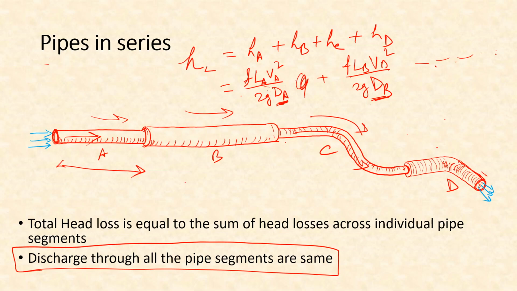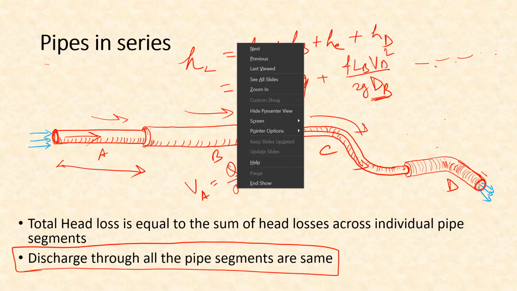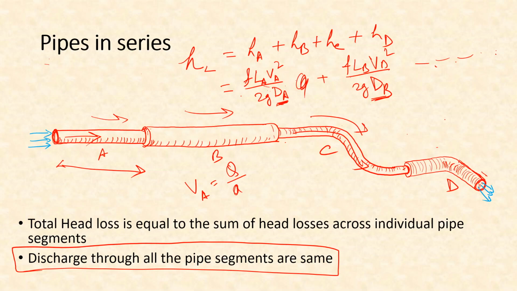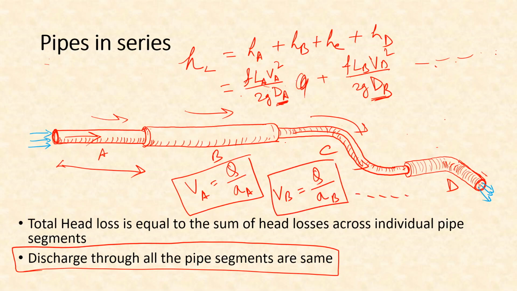That means V_A is equal to the discharge Q by the cross-sectional area, which we'll call small a subscript A. We don't have to write Q_A, Q_B, etc., because Q is just Q for all these pipes. So V_A is this much, V_B is equal to Q by the area of pipe B, and so on.